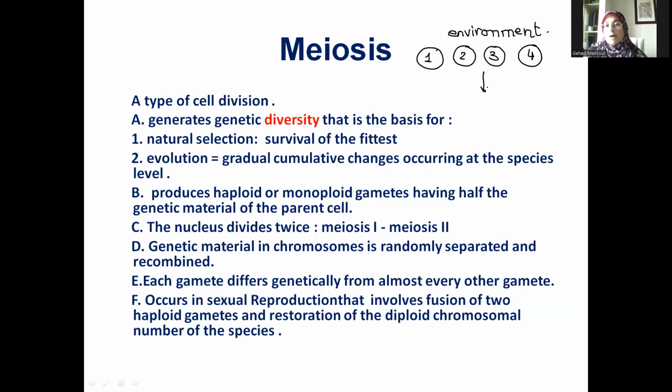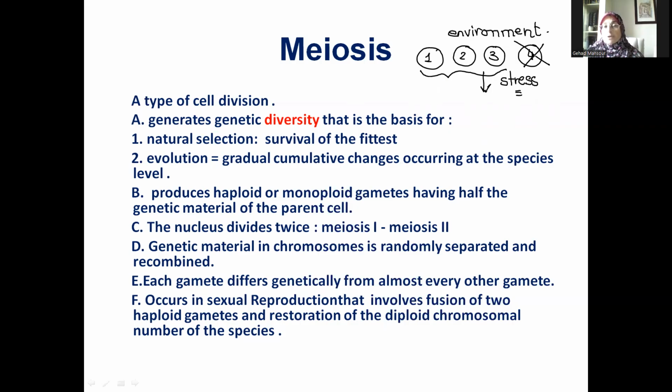And then there happens to be a sort of environmental stress. There are environmental changes, like, for example, drought or extremes of temperature. And upon occurrence of these stressful conditions, we find out that the first three organisms can cope with the environmental stresses and are well adapted, whereas organism number 4 is not well adapted and cannot survive.